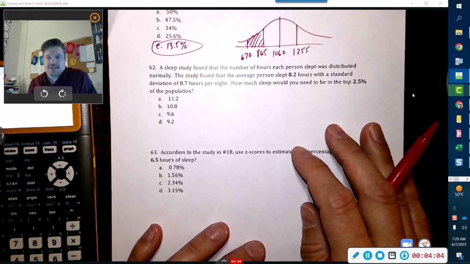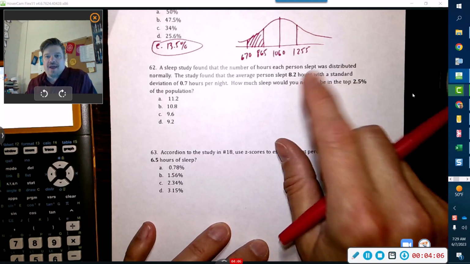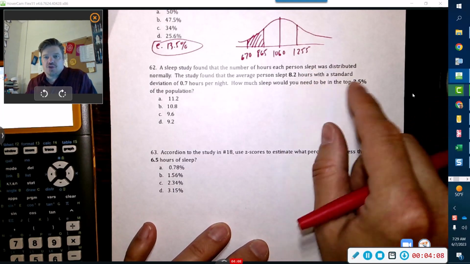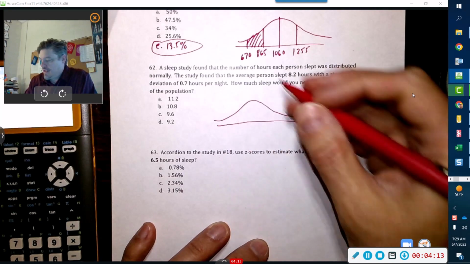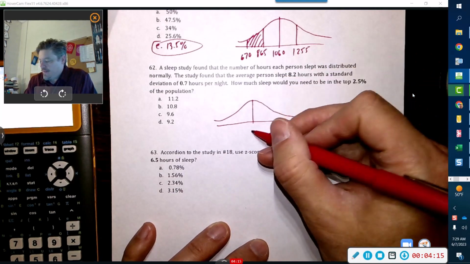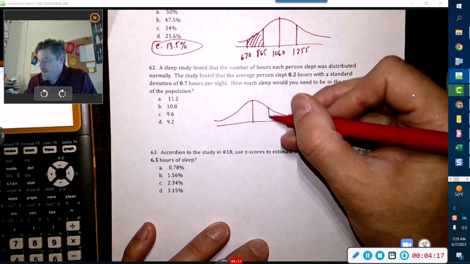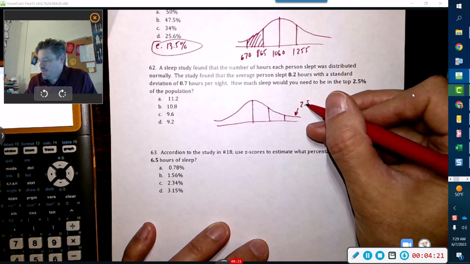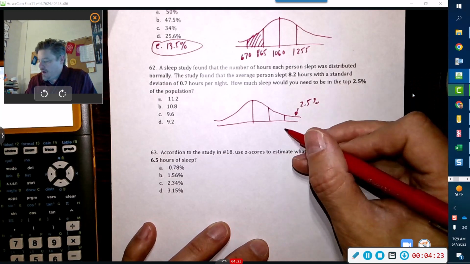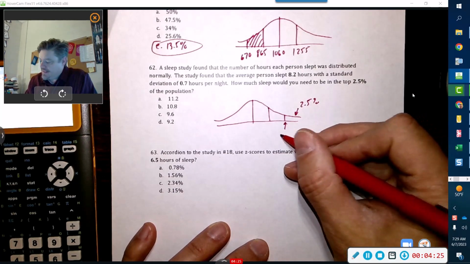So to get the 2.5%, if you remember, this is the 50, that's 34 here, 13.5, and then that right there is 2.5%. That is a z-score of 2.